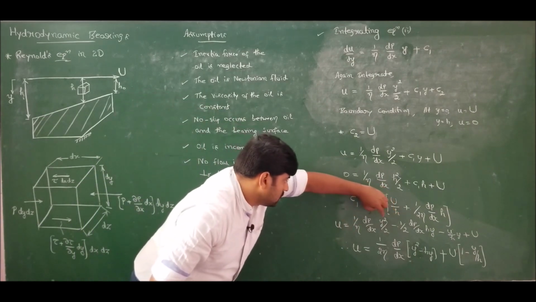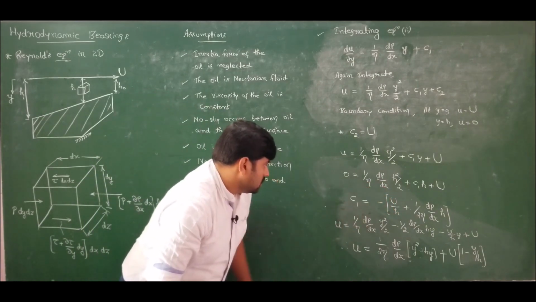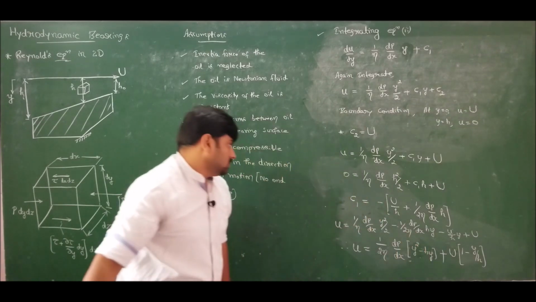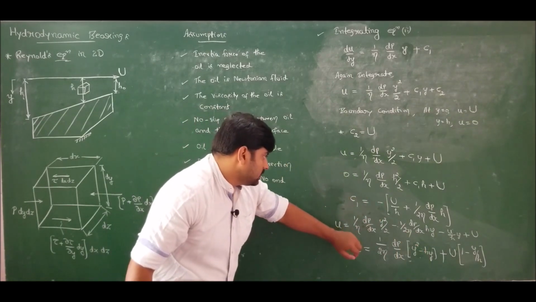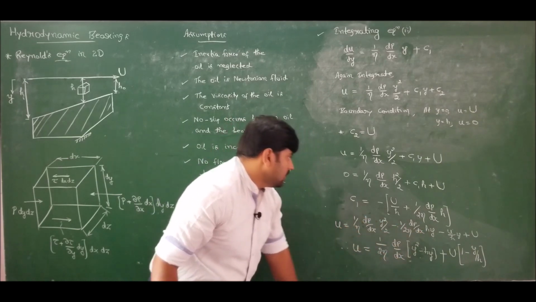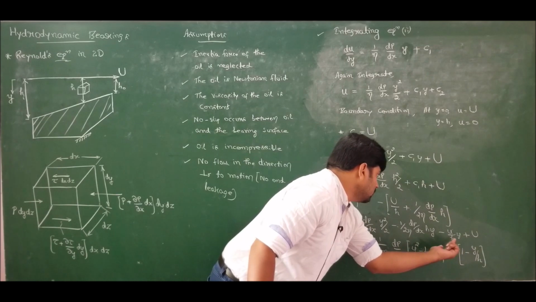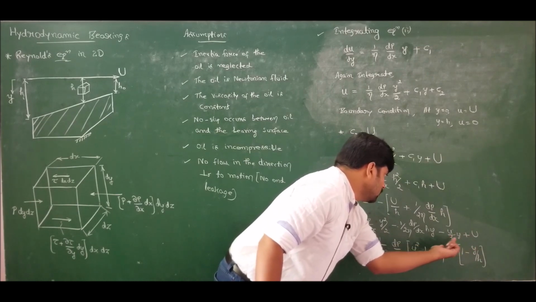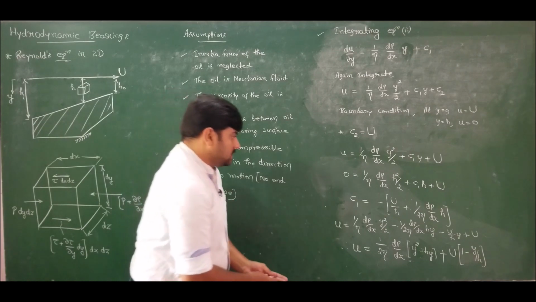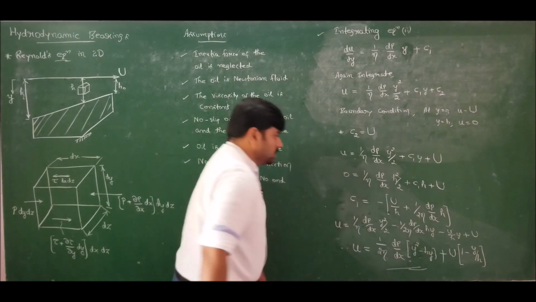In these two terms I take 1 by 2 eta dp by dx common, I get y square minus hy, correct? In these two terms I have taken U common, it will become 1 minus y by h, correct? So this is the expression for velocity.